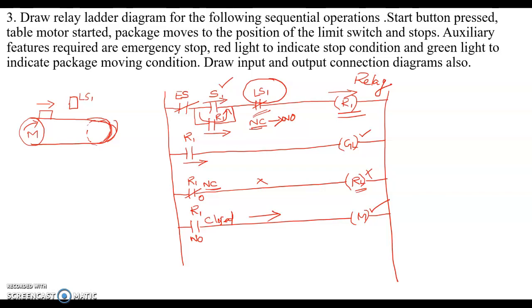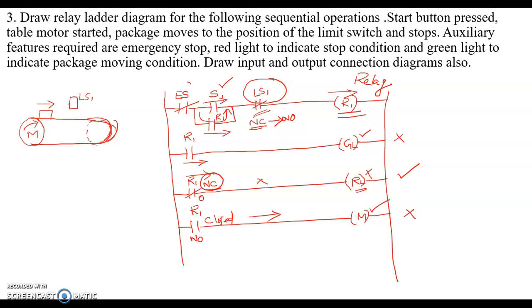Once the R1 relay is switched off, the green light will switch off, and here it is a normally closed one. So when it is off, it is again closing, so it will switch on the red light. So the motor stationary condition is indicated by the red light, and the motor is also switched off. That is the working, and now the sequence is established.